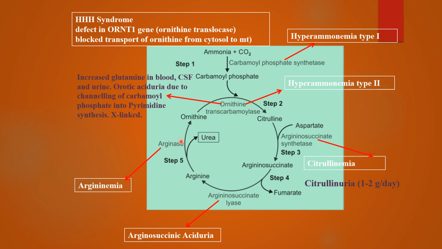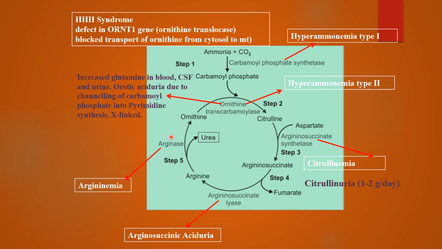The accumulation of ammonia in the blood is less than 40 micrograms per dL, and even a small amount of metabolic intermediates accumulating in the blood of a newborn infant can be detected by tandem mass spectrometry.